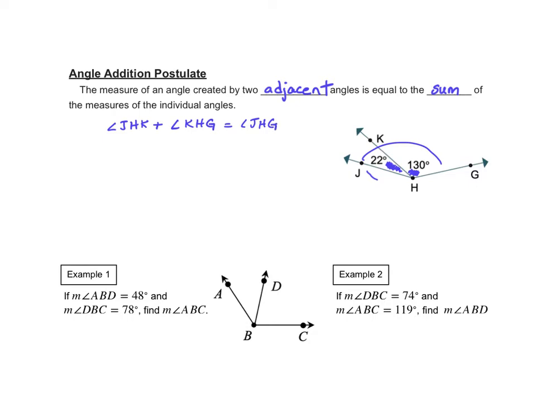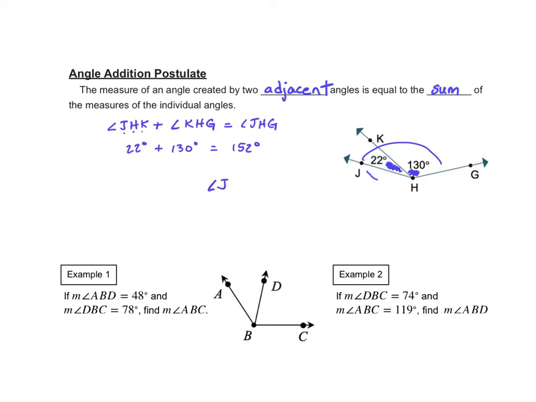So doing some substitution here, I can tell you that JHK right here is 22 degrees, plus KHG is 130 degrees, and that is going to be equal to, well, when I add those two things together, I get 152 degrees.